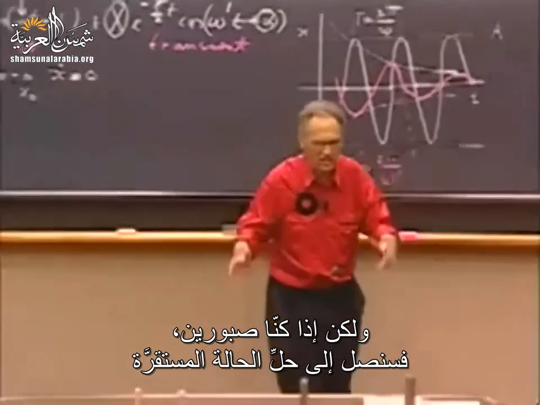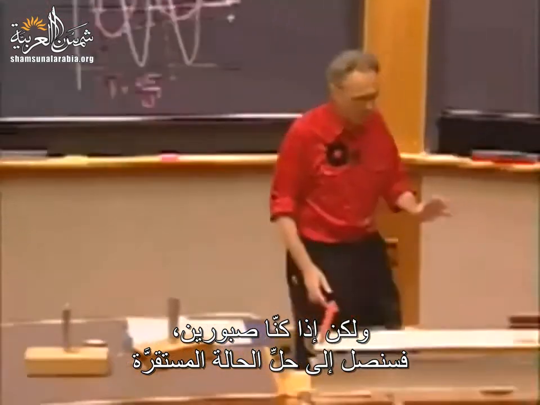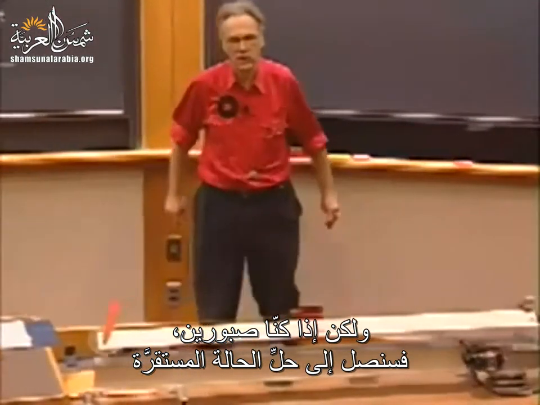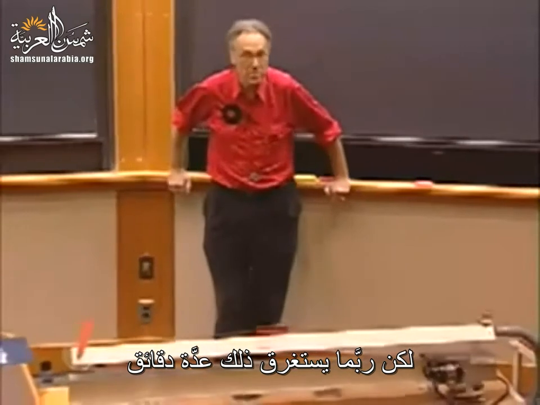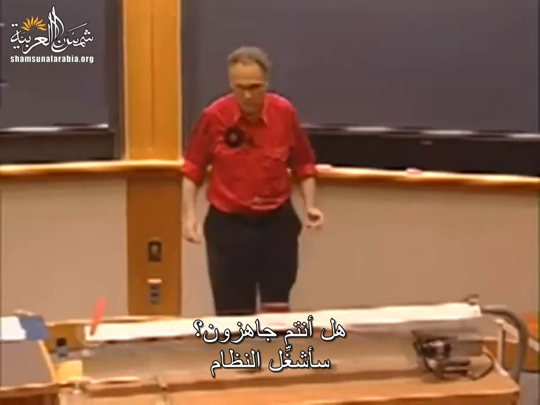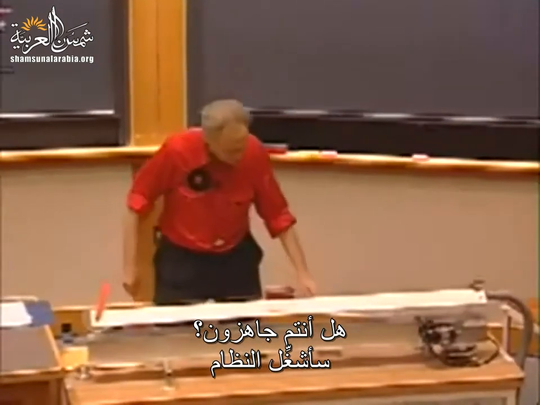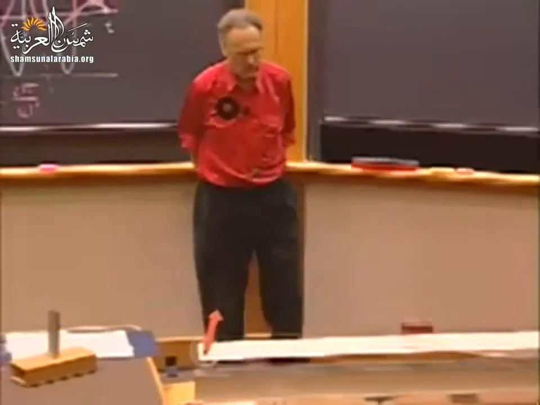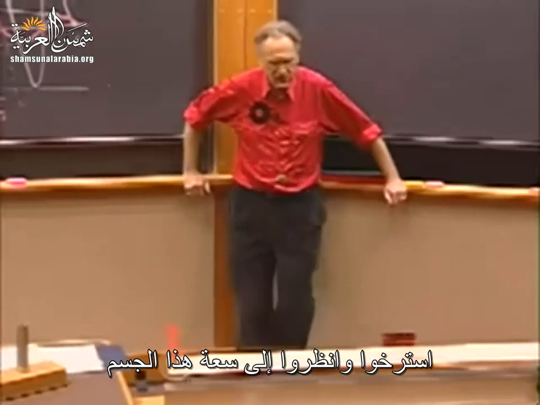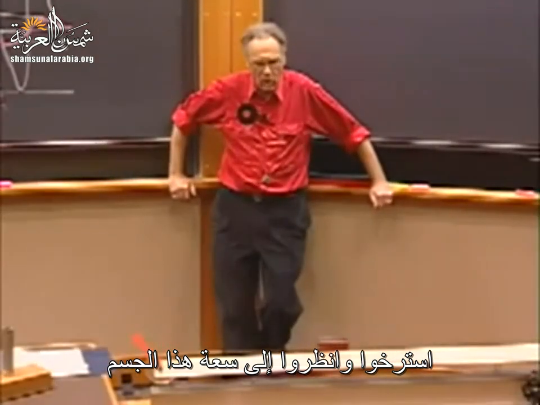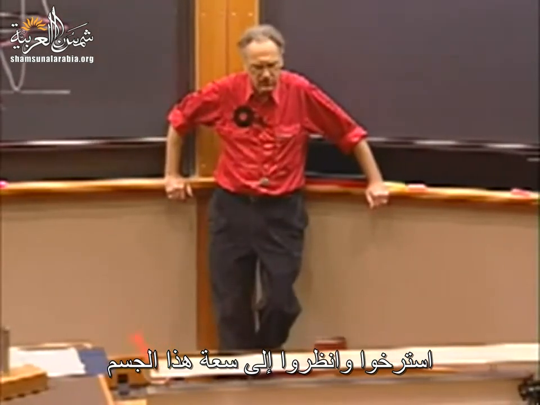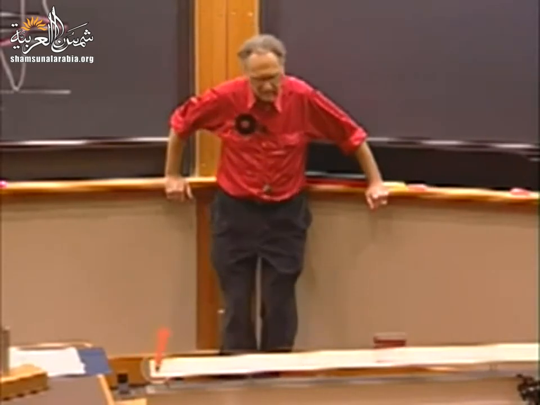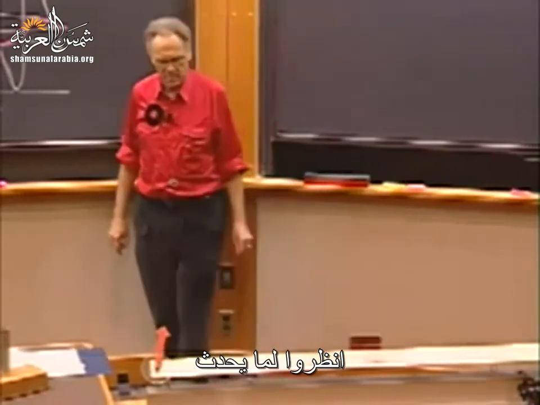But if you are patient, and I'm patient, we probably will see it go into steady state, but it may take several minutes. So you're ready for that? I'm going to drive it here, and I start the driving now. So relax, and look at the amplitude of this object, and see what happens.